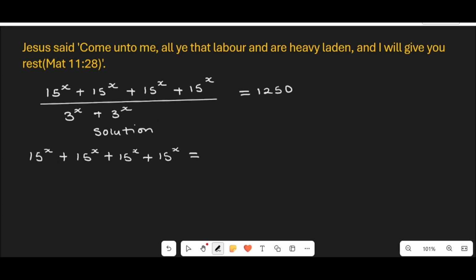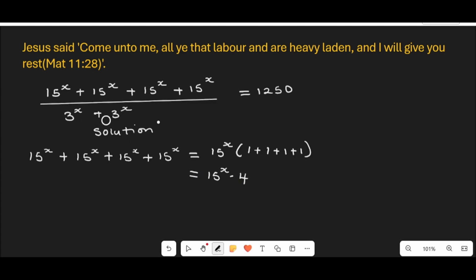We are going to have 15 raised to power x bracket 1 plus 1 plus 1 plus 1, because if we open the bracket back we are going to get this. So we can see it is equal to 15 raised to power x multiplied by 4, because 1 plus 1 plus 1 plus 1 will give us 4.